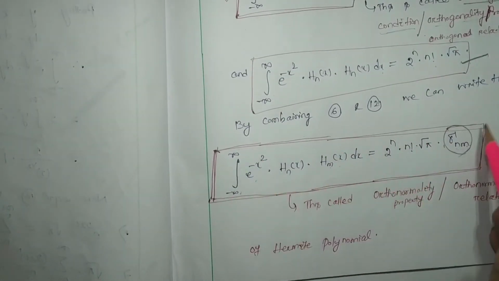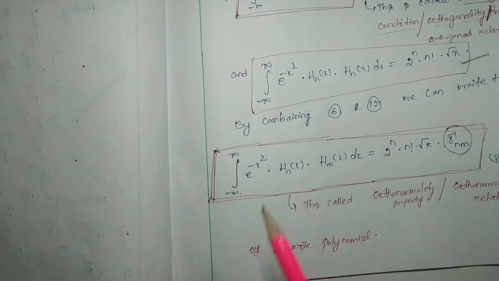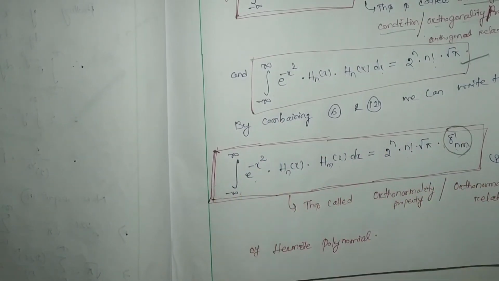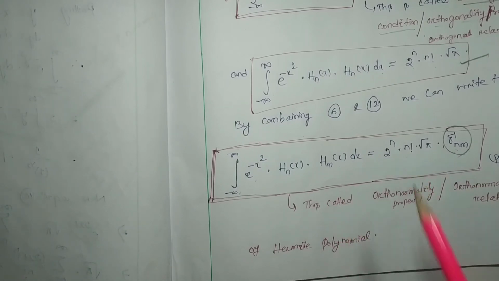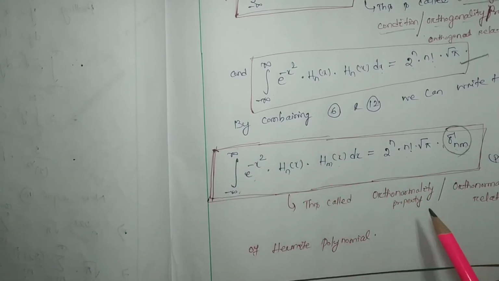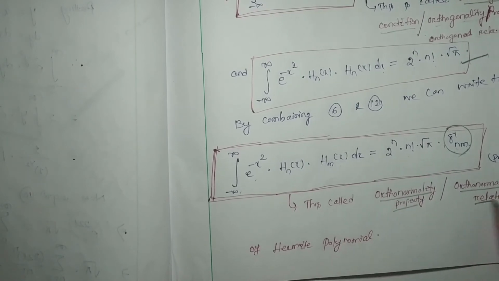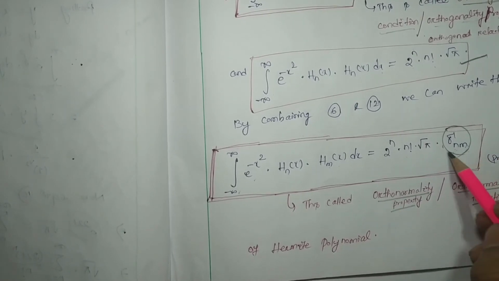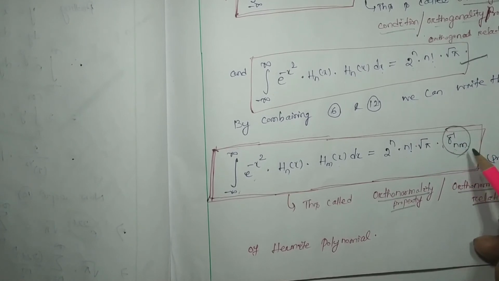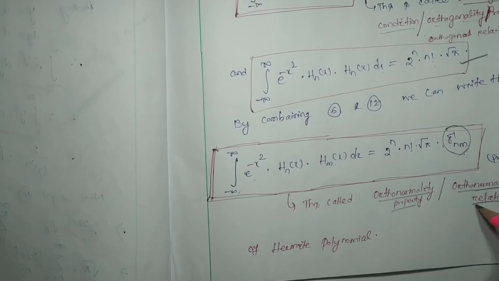So this property or this relation is called the orthonormality property or orthonormality relation. So wherever the Kronecker delta symbol is used, that equation is called an orthonormality relation.